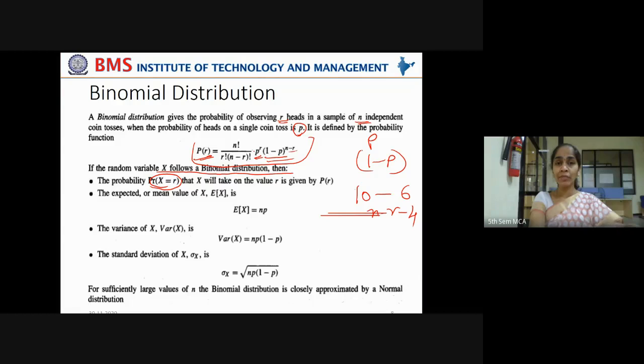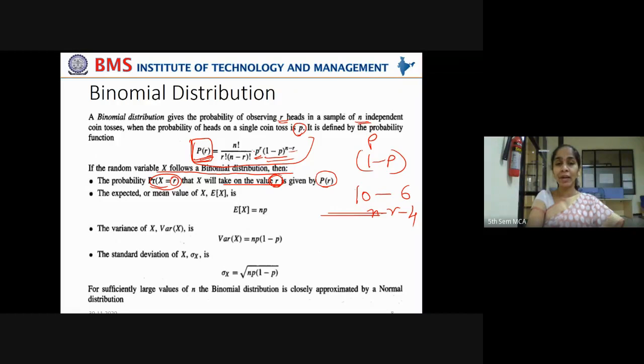What is the probability of observing 6 heads in 10 coin tosses? That x will take on the value r, that is 6 times in our example, is given by, how is the probability given? Probability of r. That is why we are writing it here, probability of r.